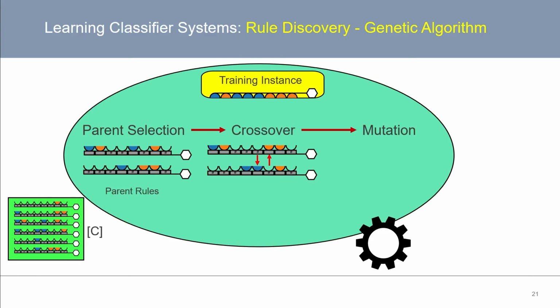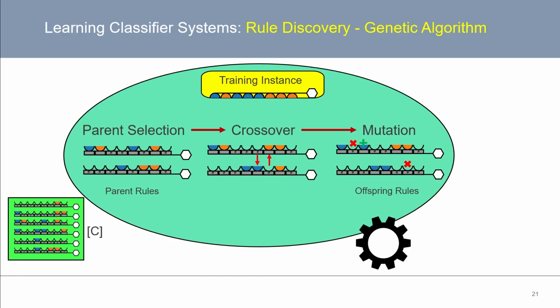Next, crossover probabilistically decides whether to exchange feature specification versus wildcard generalization between the 2 selected rules. For example, here we have moved the specified blue value from the top rule down to the bottom, and the specified orange value from the bottom rule to the top. This is then followed by mutation, which probabilistically decides whether to mutate feature specification or generalization at any point in either rule.